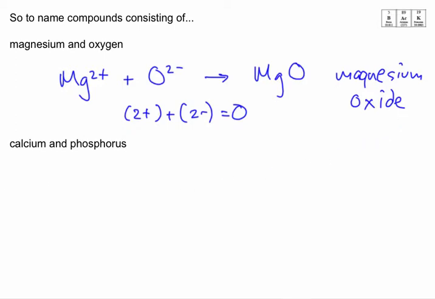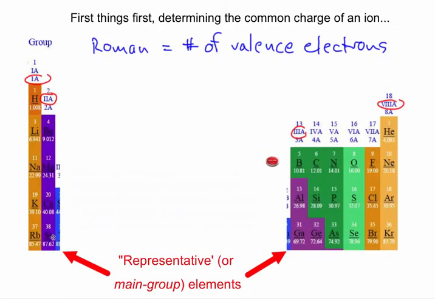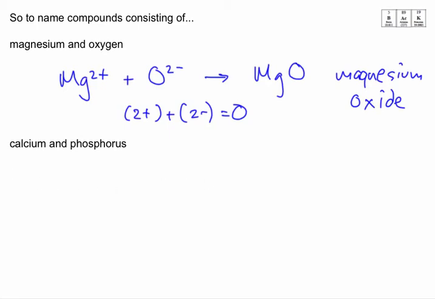How about calcium and phosphorus? Well, again, let's quickly look at the periodic table and get our charges. Here's calcium, again group 2, so it's a 2+ cation. Here's phosphorus, group 5, so it's going to form a 3- anion. It's going to gain 1, 2, 3 electrons. So phosphorus is 3-.